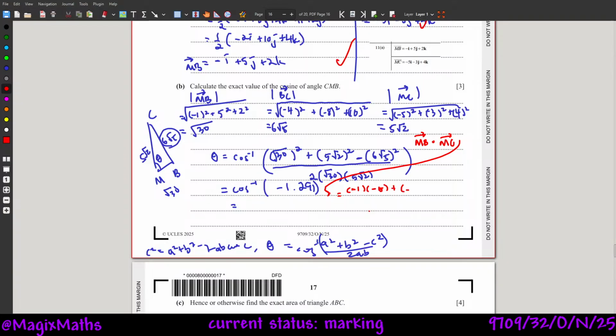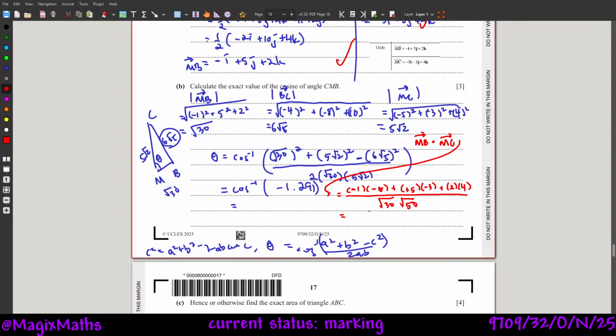And plus 5, negative 3, and plus 2, 4. And then it's root 30, root 50.